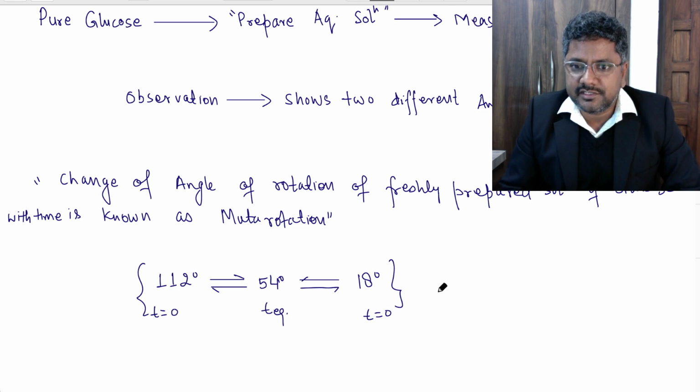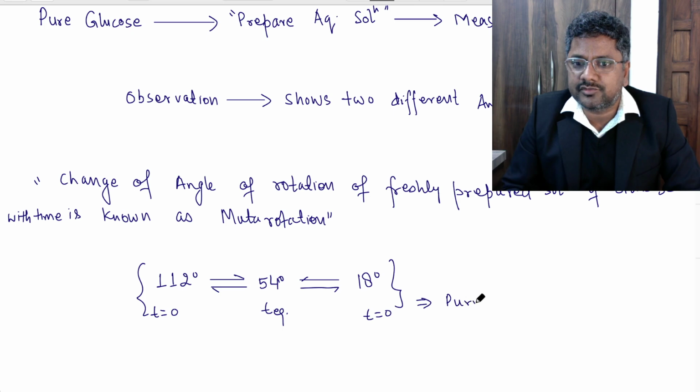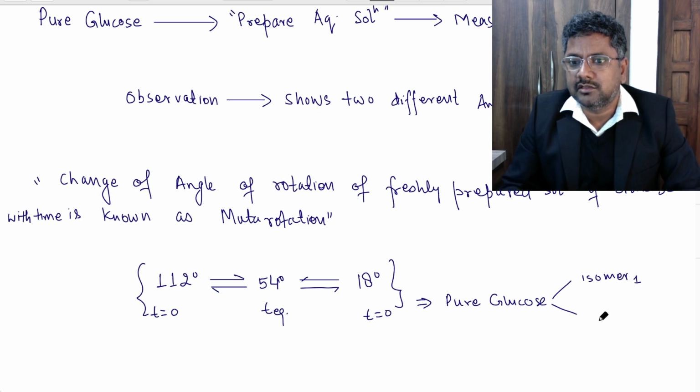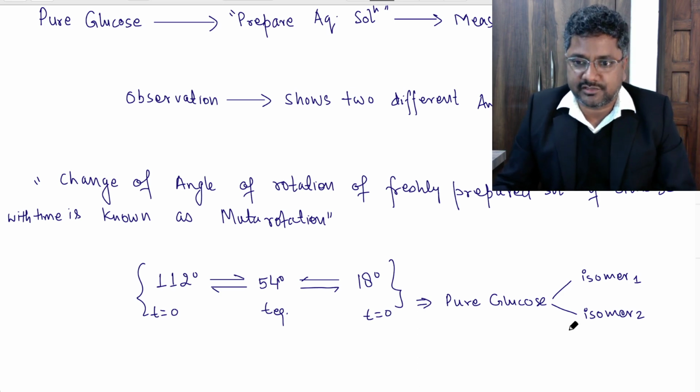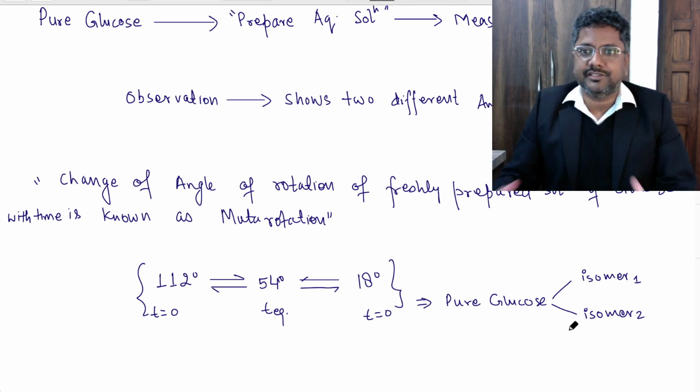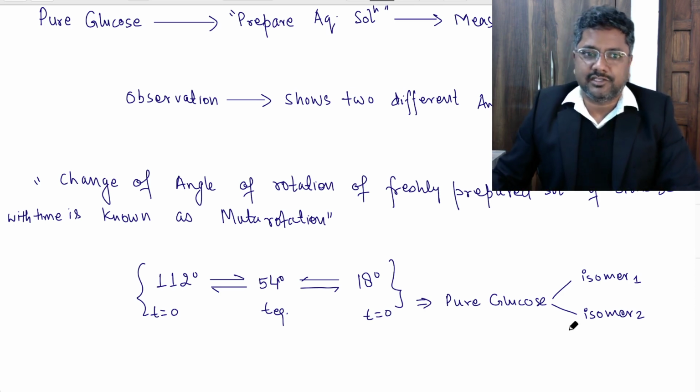So this observation suggests that the pure glucose molecule has two isomers, isomer 1 and isomer 2, and you cannot justify this with the open chain structure. So this is very strong evidence for the cyclic structure, right?